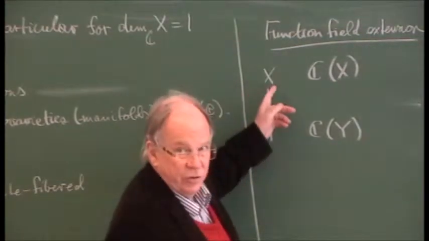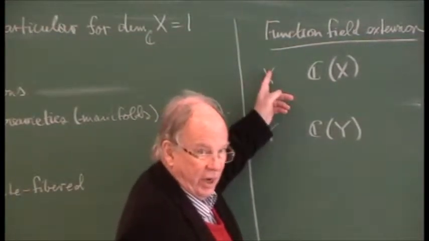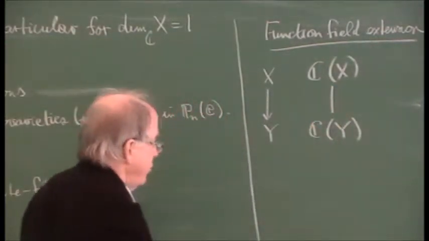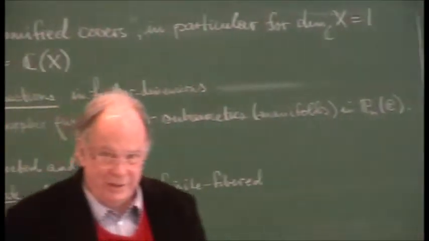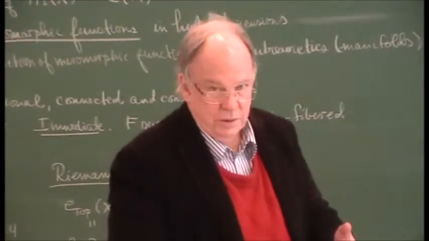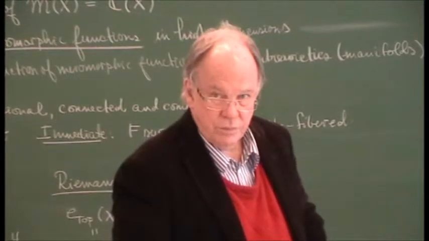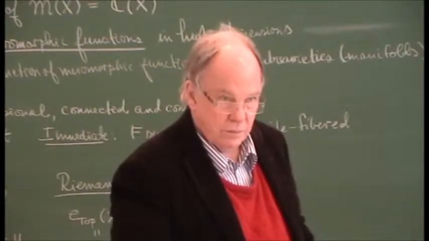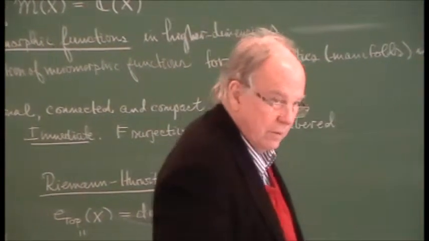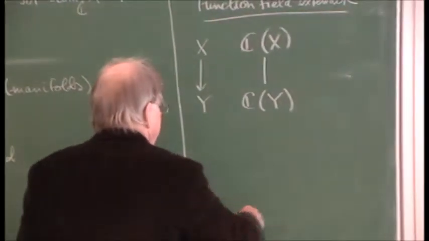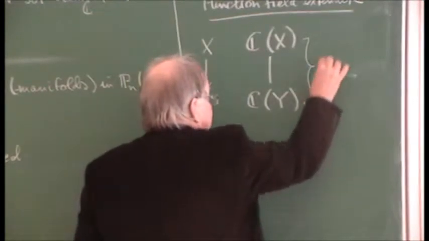This is stupid. You just regard a function on Y as a function on X. So I think the notation usually is without an arrow: C(X) is a function field extension of the functions on Y. Now we want to understand this function field, so the goal is to understand this thing here.